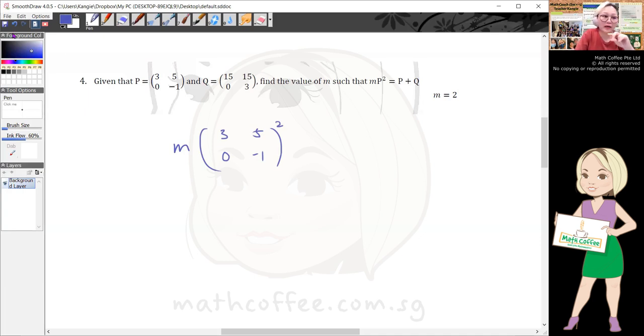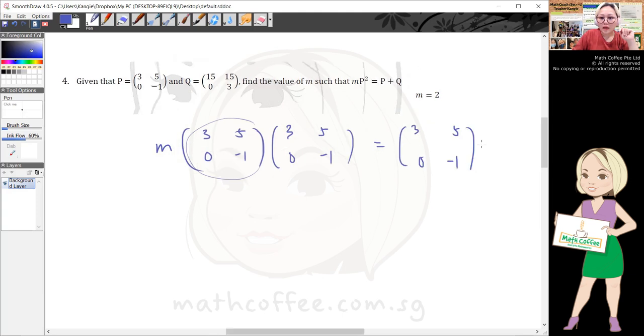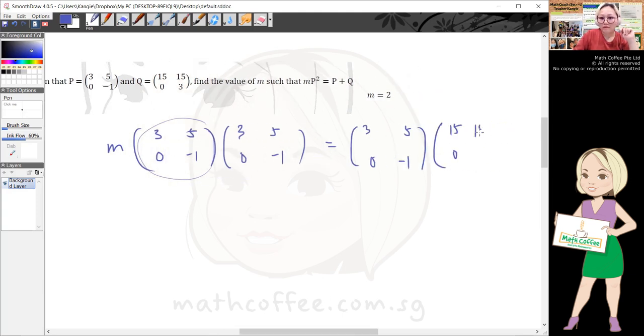You cannot do that. P square simply means this matrix times this matrix again, right? So I have to write out 3, 0, 5, and minus 1. This is called MP square. Then they said this equals to P plus Q, which is 3, 5, 0, minus 1, and my Q will be 15, 0, and 15, 3.